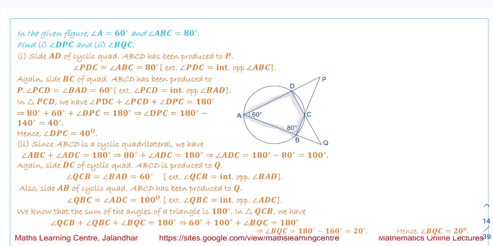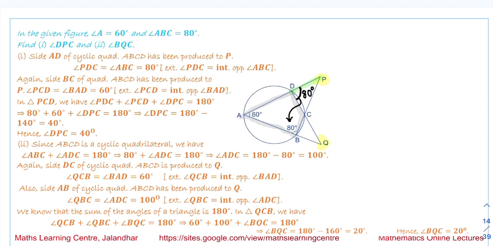Then we have to find the values of the angles at P and Q. If we look at this quadrilateral, the side AD is extended to DP, and we are talking about the angle CDP. For this angle, the angle at B is the interior opposite angle, so the value of this angle is 80 degrees.